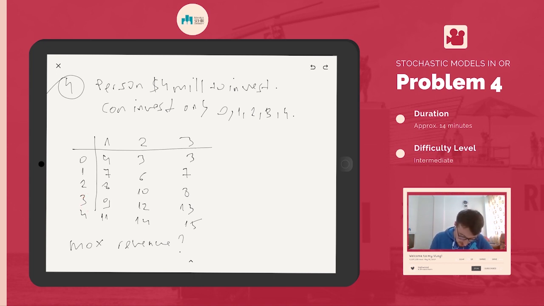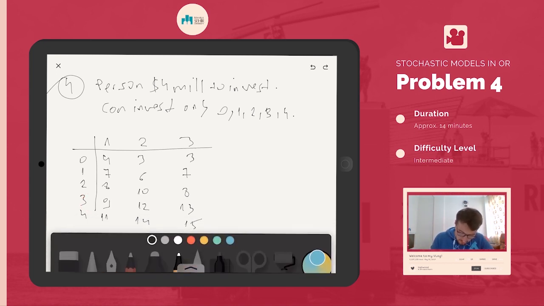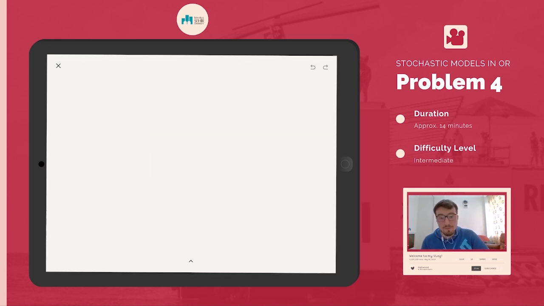Now, when solving dynamic problems, we always need to determine our stage, state, and decision. Our stage, as we said earlier, is the way we can divide the problem so that it is easier for us to solve it.